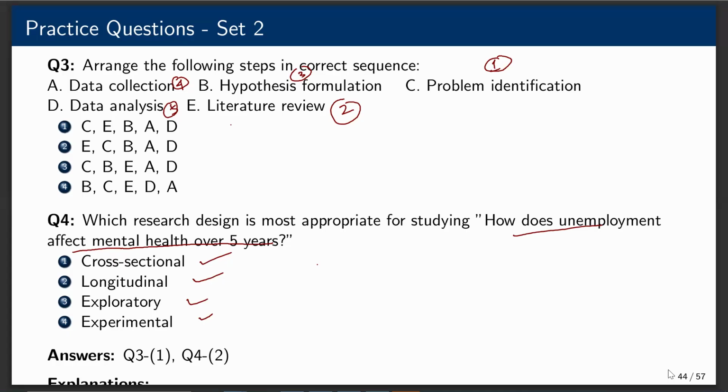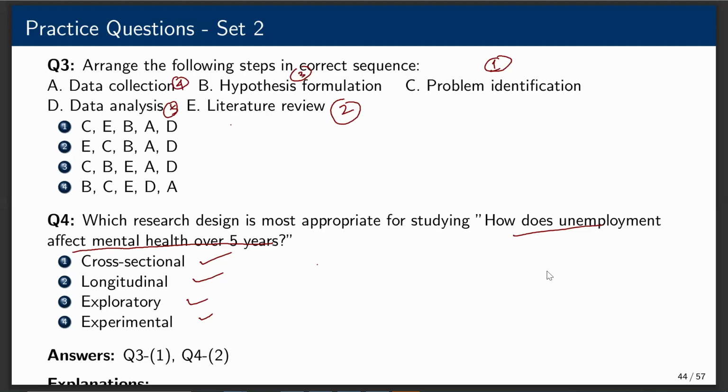Sir, longitudinal. Why? Because for particular unemployment issues we study over a period of time. Okay, very good. Excellent. So it should be longitudinal, over a period of time.